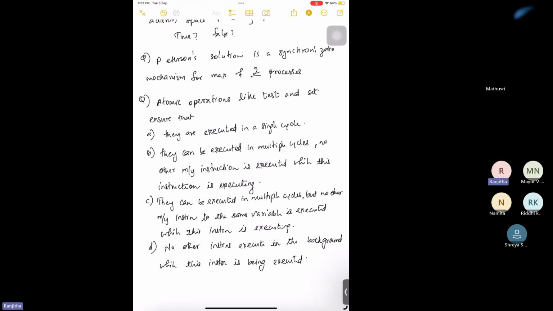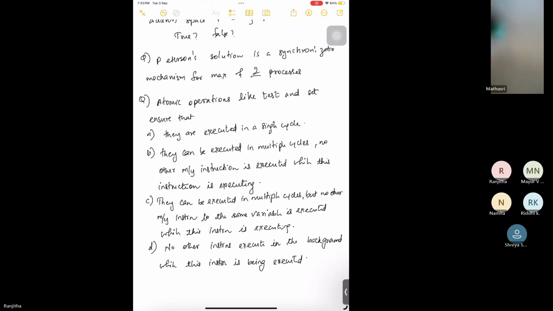Okay. So atomic operations like test and set ensure that they are executed in a single cycle. They can be executed in multiple cycles. No other memory instruction is executed while this instruction is executing. They can be executed in multiple cycles, but no other memory instruction to the same variable is executed while this instruction is executing.